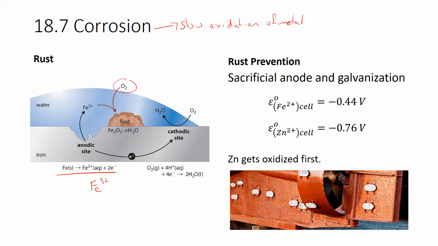The oxygen is doing the oxidation. It's the oxidizing agent, and your iron is what's getting oxidized. And it does so in a very, very slow reaction where we make this iron oxide.